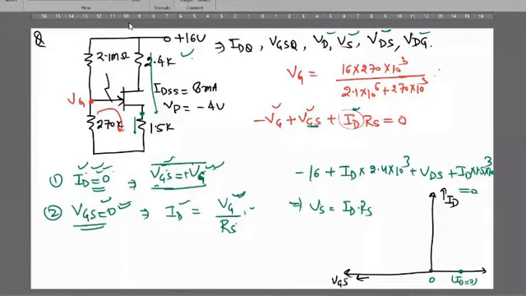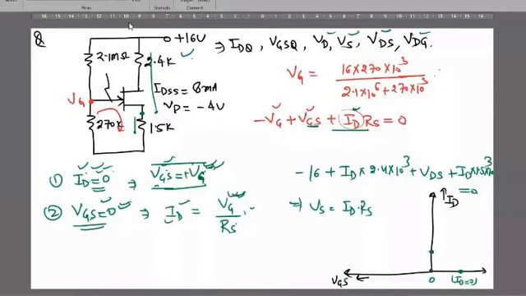You can calculate it mathematically from this equation and directly locate this point here. The second condition, whenever VGS equals 0, then ID will have some value, and mathematically you can note this point here.